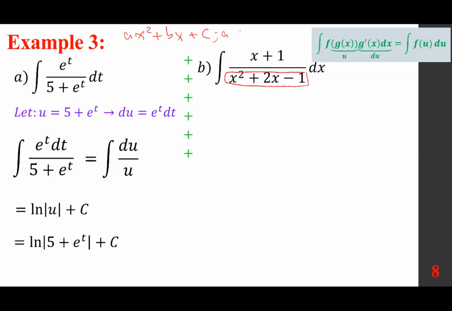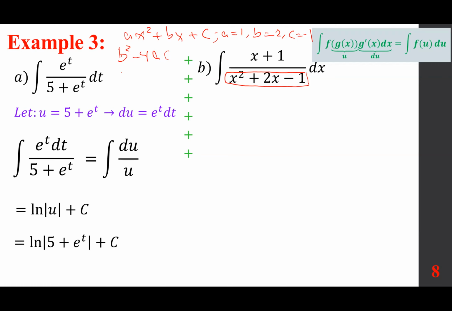In this case, a is 1, b is 2, c is negative 1, b squared minus 4ac is called the discriminant. And when you evaluate that, the expression can only be factored if it's a perfect square.